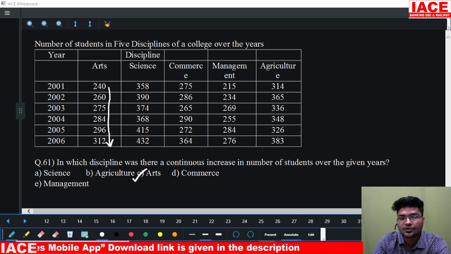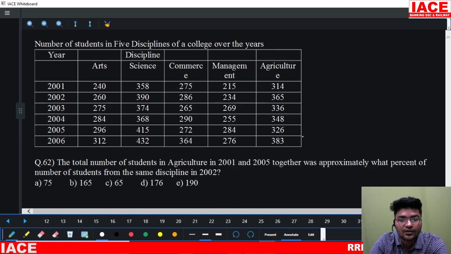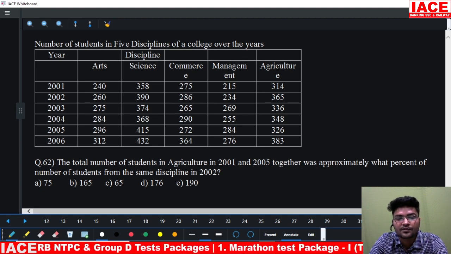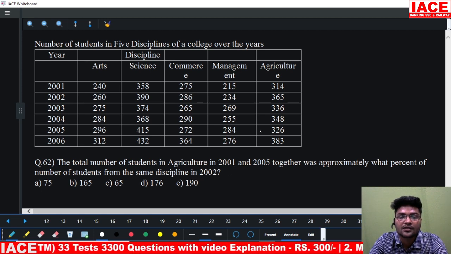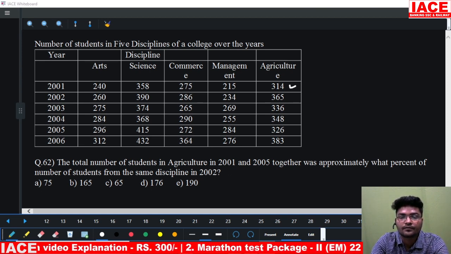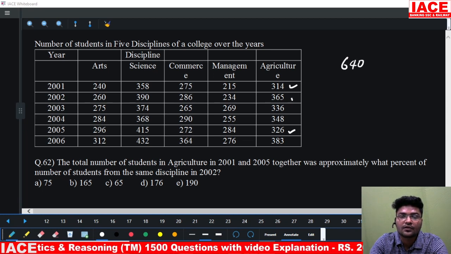Next question, question number 62. The total number of students in agriculture in 2001 and 2005 together was approximately what percentage of the number of students of the same discipline in 2002? Agriculture 2001 and 2005: the total is 314 plus 326, giving us 640. And in 2002, it was 365.